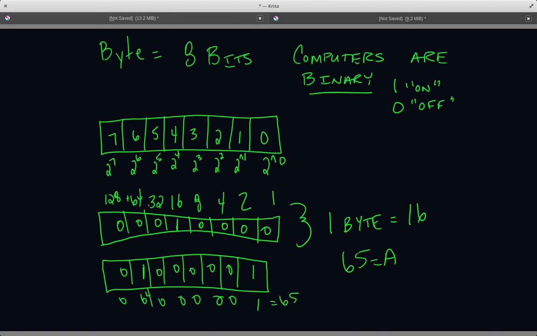And all we would have to do to figure that out is add all these up. So the maximum value we can have in 1 byte is 255. And the minimum value, if we leave all of these 0, is going to be 0. So 1 byte can be anywhere between 0 and 255.